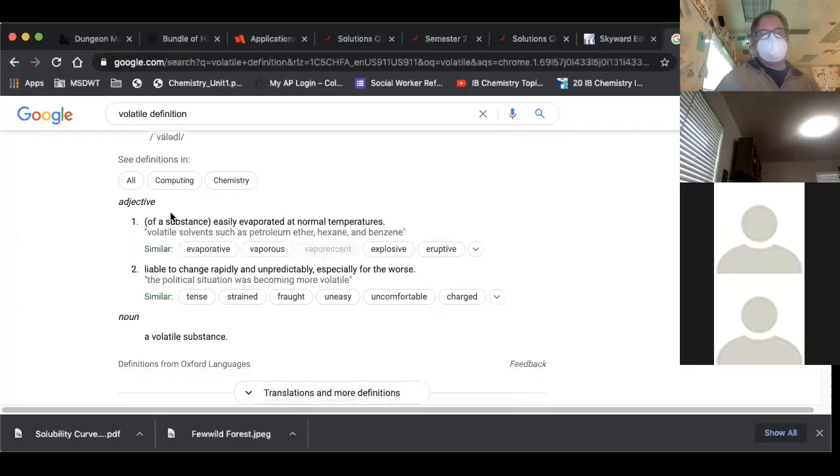But if we take a look, it's a substance that's easily evaporated at normal temperatures. I mean, water will evaporate. We said that if you had a dog pass away or a family pet pass away and you left the dish out there, then eventually that dish would be empty, even though the dog isn't there to drink it, right? I just remember being a kid and that happening.